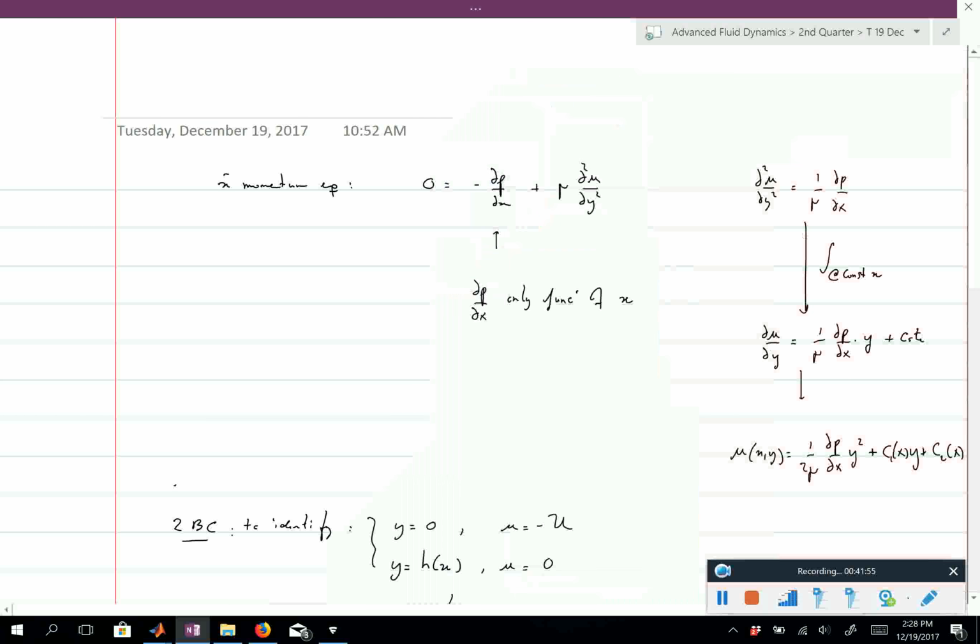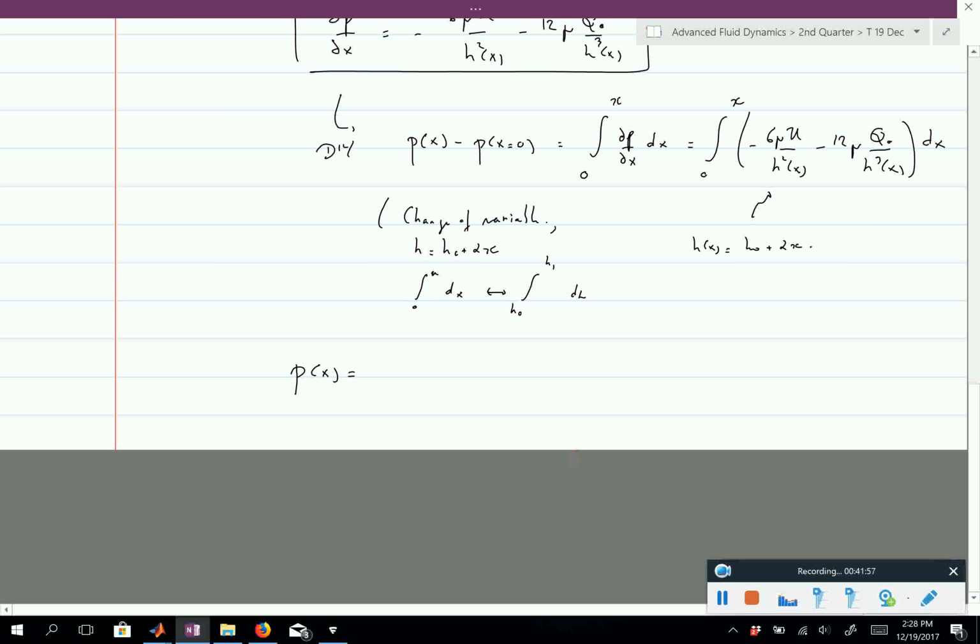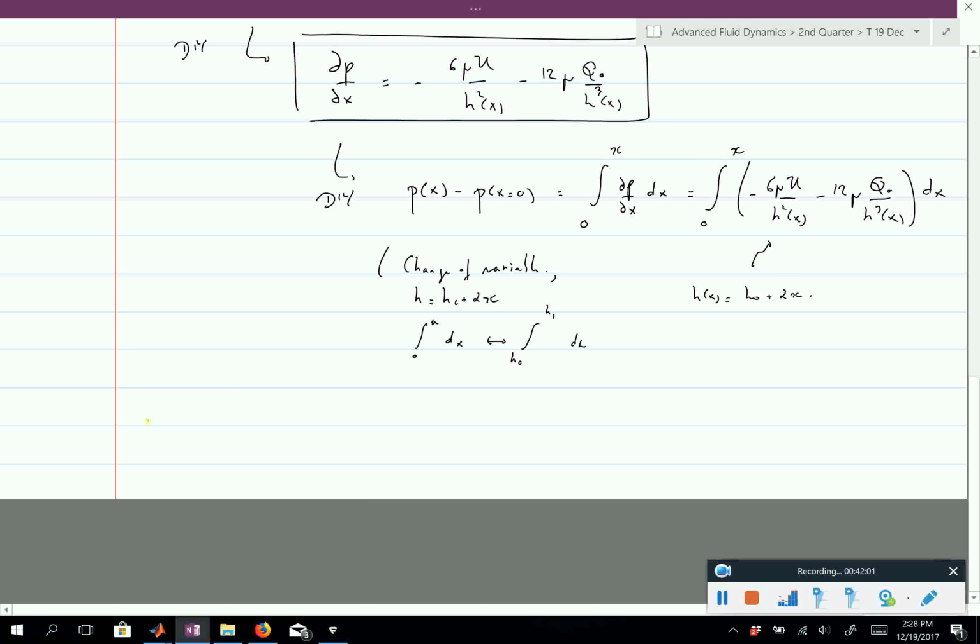And so once you have this expression for P, P as a function of x is equal to la la la, and when you add that P at x equals 0 is equal to P at x equals L is equal to P naught, then you can identify everything. You can identify Q0 as a function of P naught. I invite you to do that.